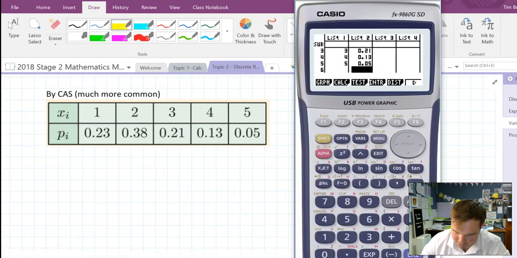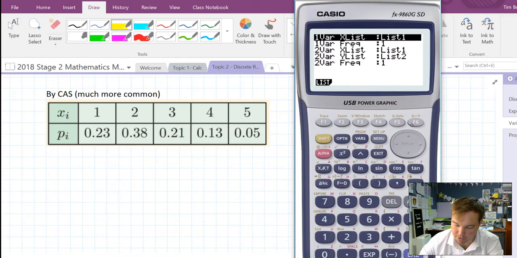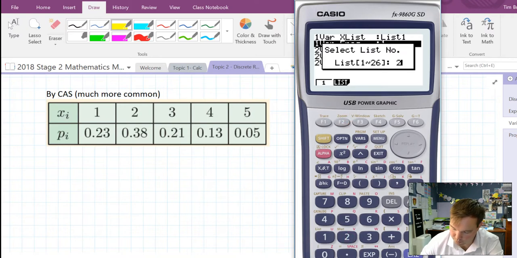So, we grab our calculator, and what we do is we enter two lists. In list 1, we have the outcomes. In list 2, we have the probability of those outcomes. And then we go to calculate. Here, we need to make sure our settings are correct. In the settings, we want the x variable list to be list 1, and the one-variable frequency list to be list 2.